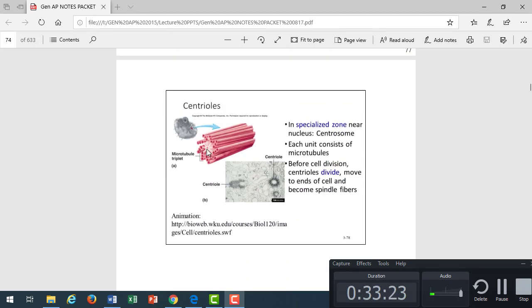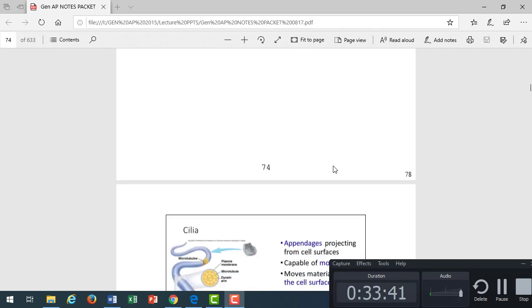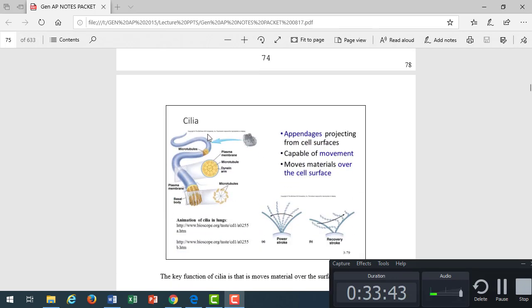Centrioles we need for cell reproduction. They create the spindle. So again, cell reproduction for centrioles. So they make spindle fibers and cell division or cell reproduction. You could just highlight cell division there if you wanted. So cilia moves materials over the cell surface.